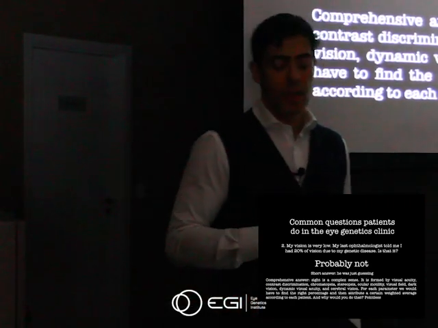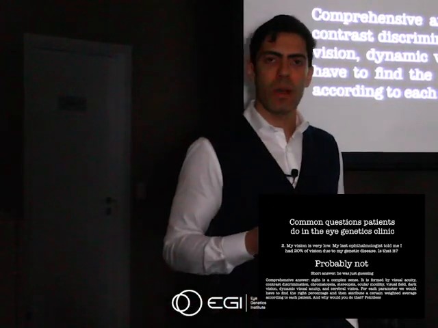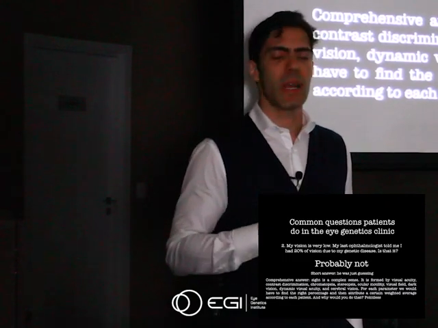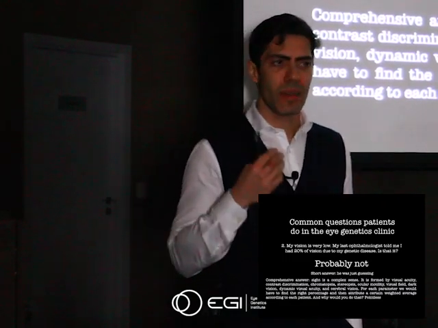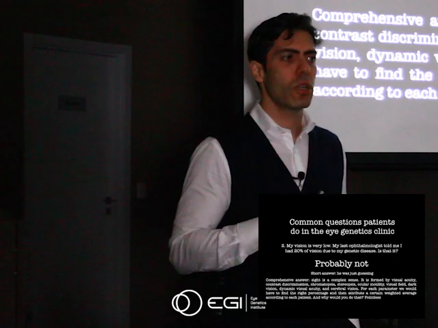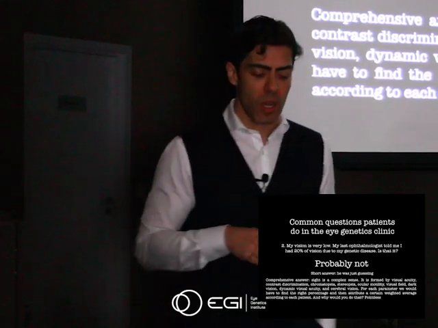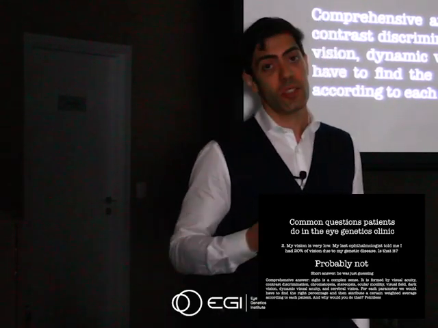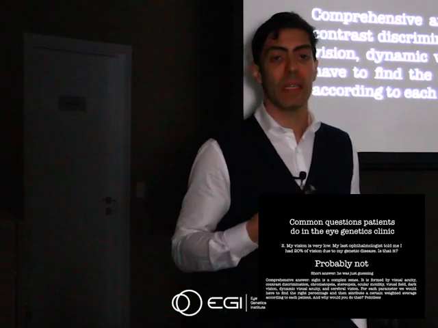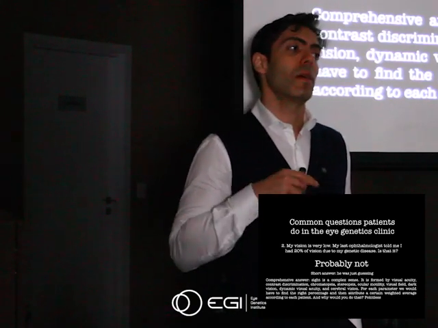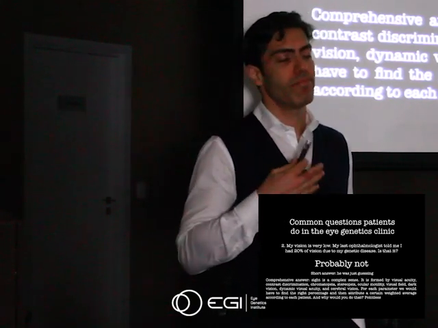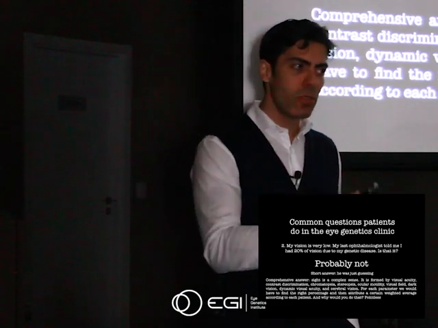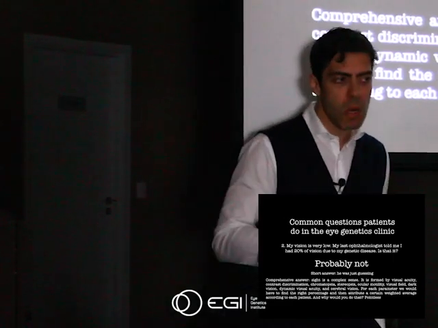It's very common for the patient to ask that. I heard my last ophthalmologist saying that I had just 20% of vision or 30% of vision. Is that it? And the answer is probably not, because most likely he was just guessing, just trying to give you an answer because he wanted a number.